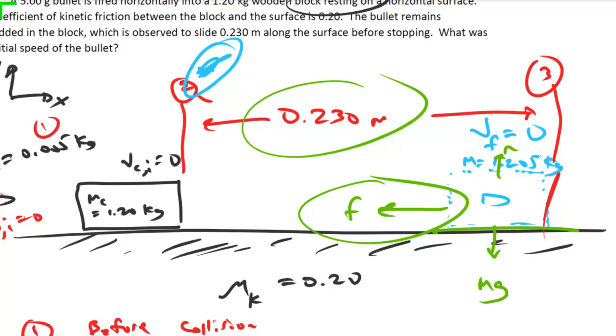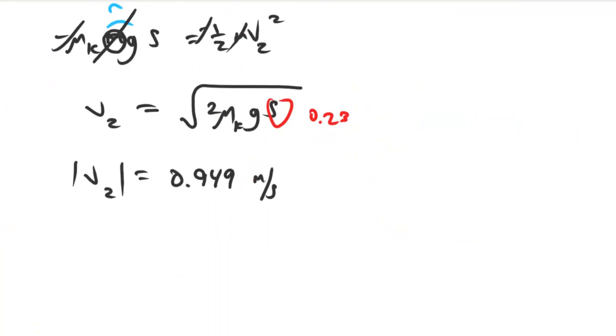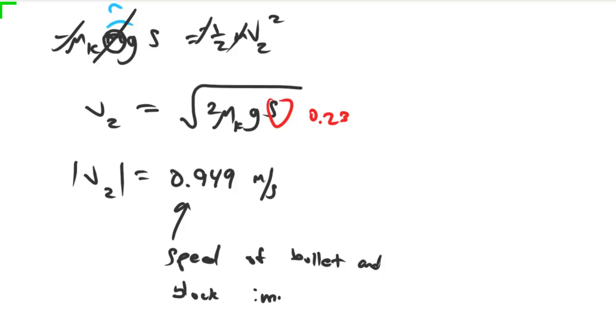So point 2 is like initial for one part, but final for the other part, and this is why I call it point 2 instead of initial and final. Okay, so this v2 is the speed of bullet and block immediately after collision.